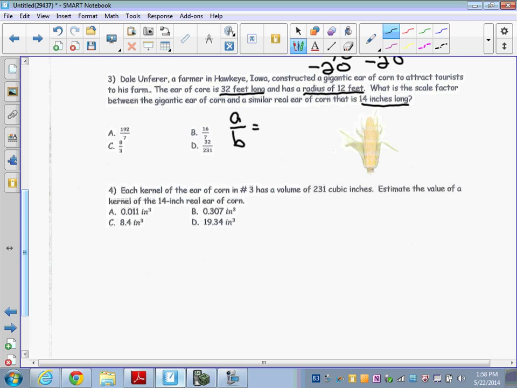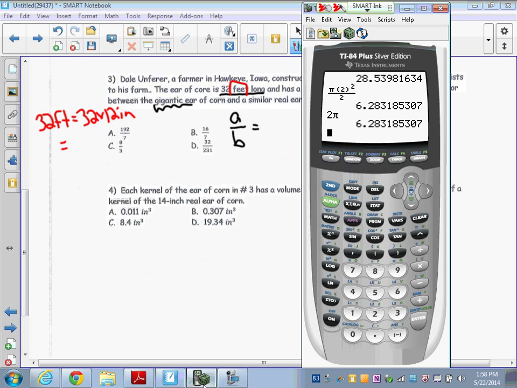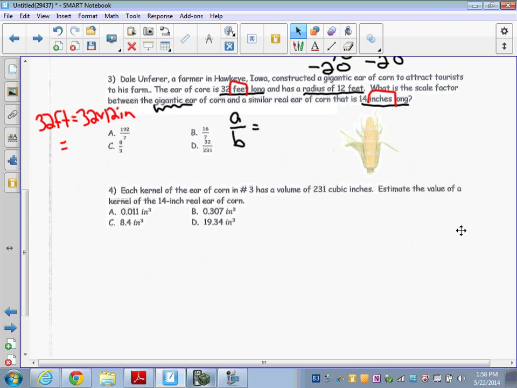So we're going to take the giant ear of corn, we're going to put that on top. The problem is we need to get it in the same dimension. So we have feet and we have inches. So 32 feet is equal to 32 times 12 inches, which is 384.